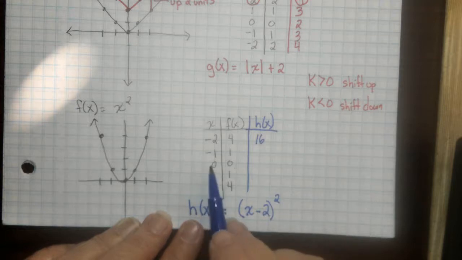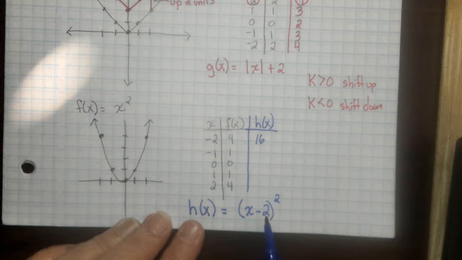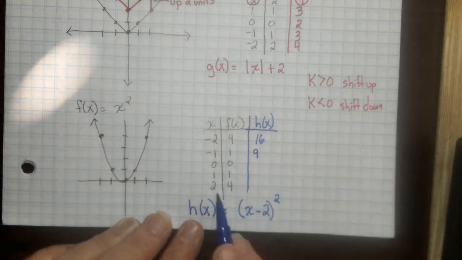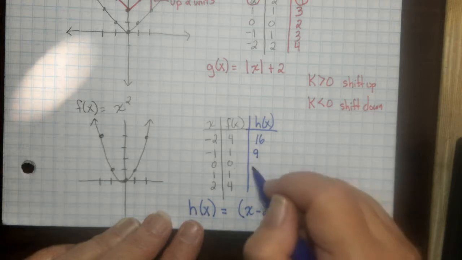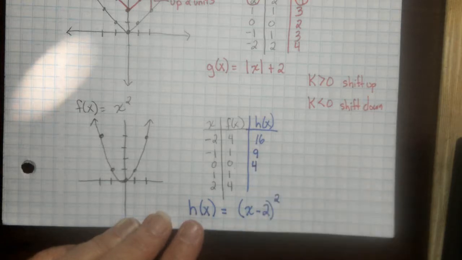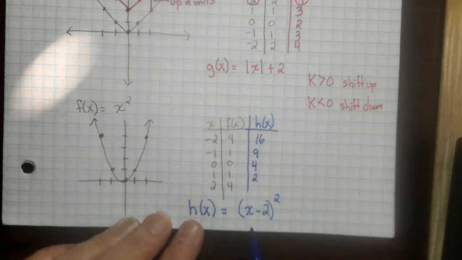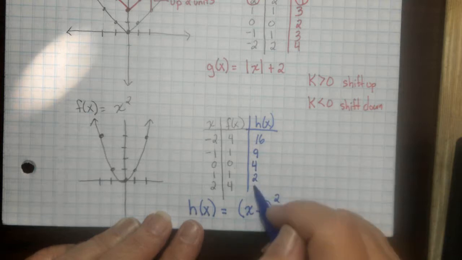And when I plug in a negative 1, negative 1 minus 2 is negative 3, and negative 3 squared is 9. When I plug in a 0, 0 minus 2 is negative 2, and negative 2 squared is 4. When I plug in a 1, 1 minus 2 is negative 1, and negative 1 squared is 2. When I plug in a 2, 2 minus 2 is 0, and 0 squared is 0.